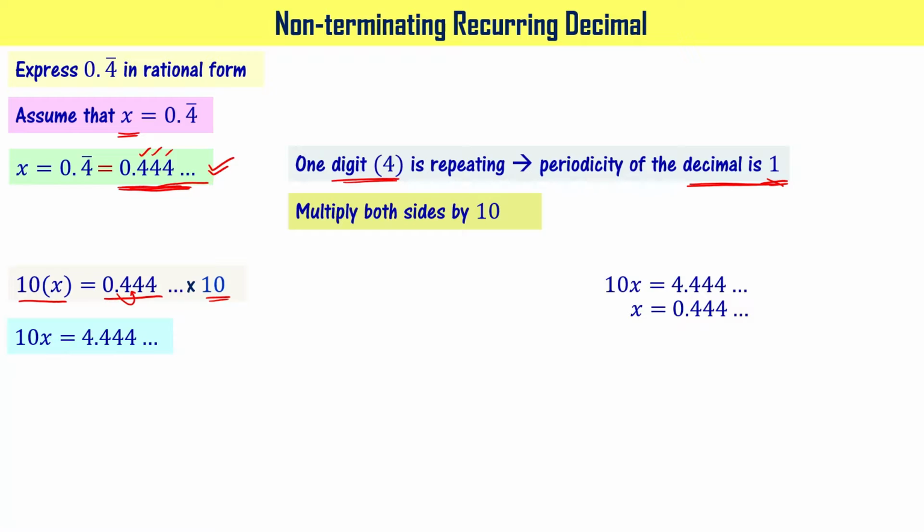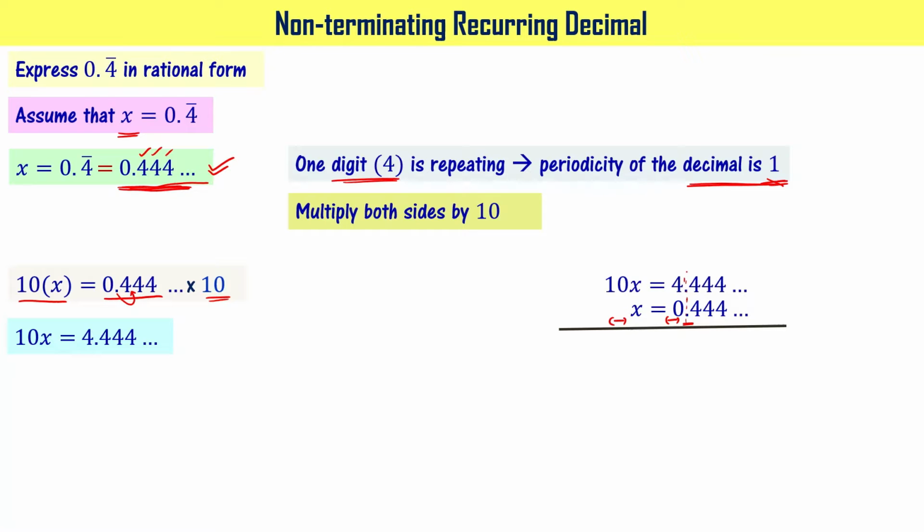Now if you observe, we are putting both the dots in the same line, you see, right? 4.4444 and so on, 0.4444 and so on, right? These dots are aligned on a straight line. Now let's subtract. When you want to subtract, what we are going to do is change the sign on the other side, right?